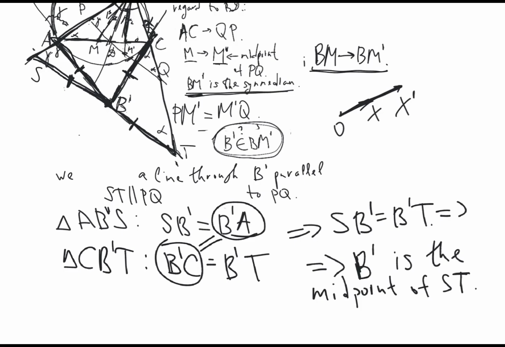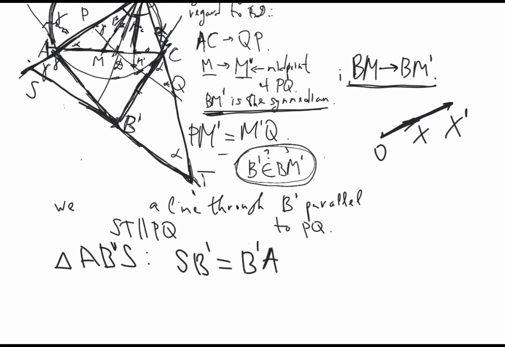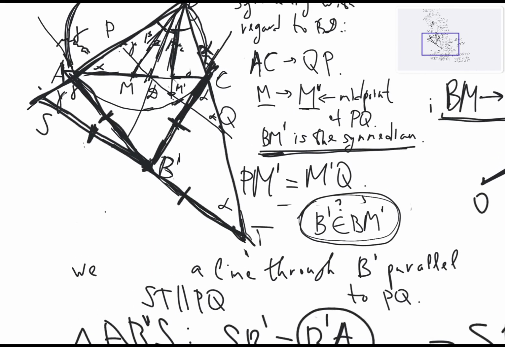So now, because it's a midpoint, we recall that we have two parallel lines, PQ and ST. So PQ, this line, and ST, this line.